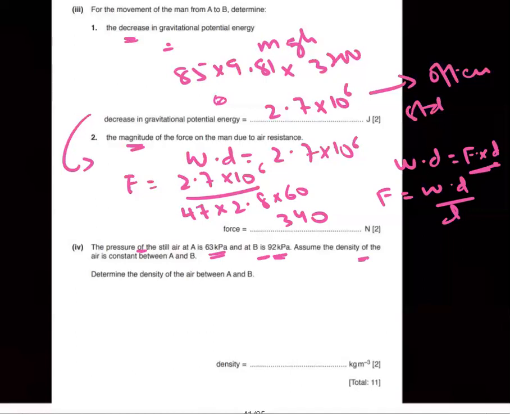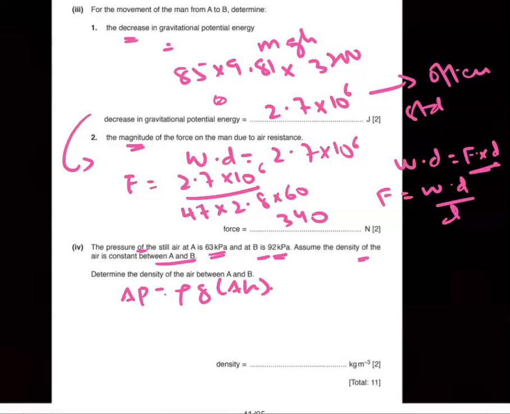Next question: the pressure of the still air on A is 63 kilopascal and on B is 92 kilopascal. Assume the density of the air is constant between A and B. Determine the density. So we have to find density. The formula for change in pressure is rho g change in h, right?